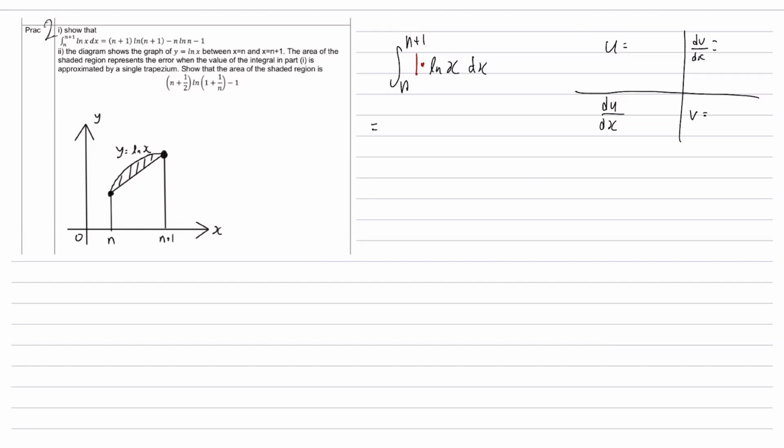The U is ln x, then the dv is 1. Okay, good. So send me your working so far for part 1. Are you done with part 1? Yeah. Okay, send. I'll check it and reply to you verbally.